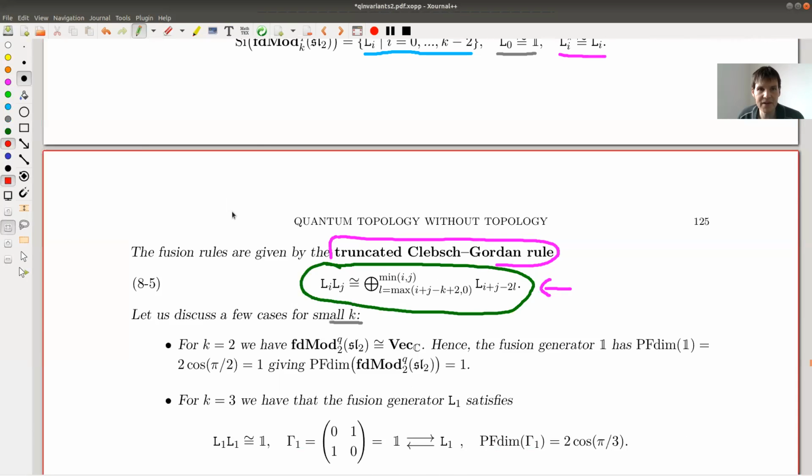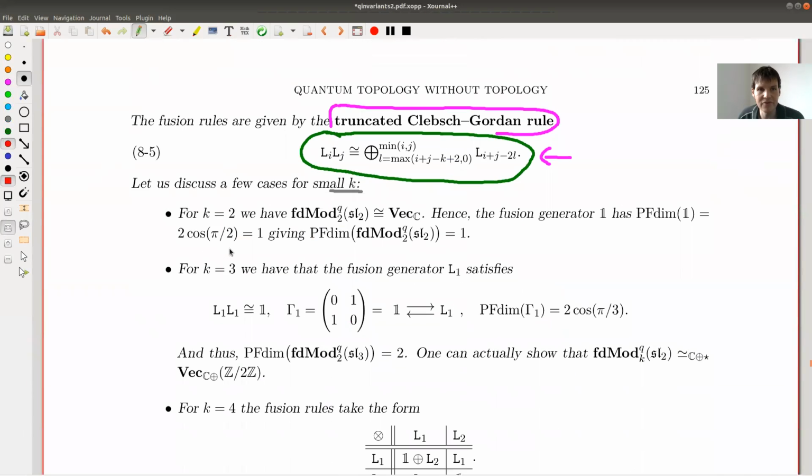Okay, so the smallest value for k, so k is bigger or equal to 2, would be 2. And in this case, well, there's not much to say. It's just Vect, okay? And everything is over the complex numbers, so it's just Vect C. And of course, Vect C has just Perron-Frobenius dimension 1.